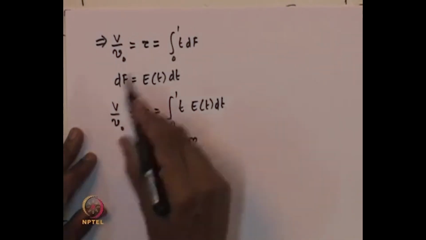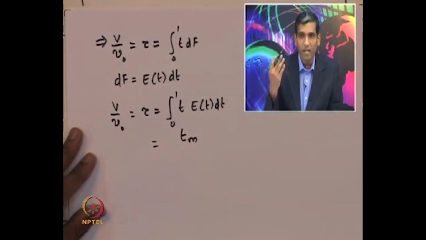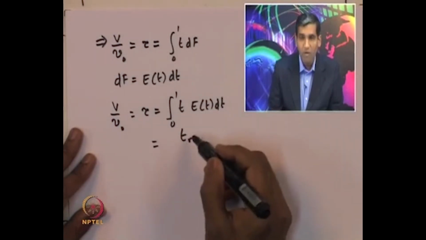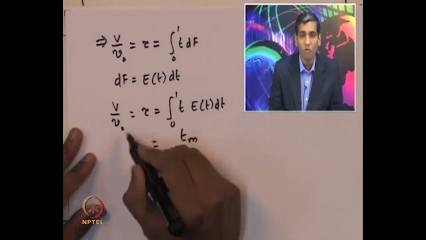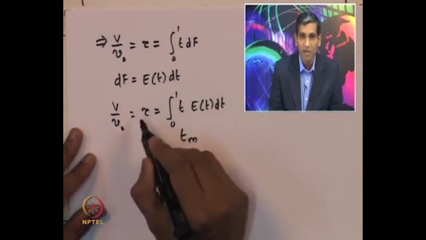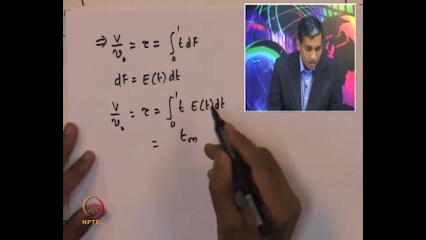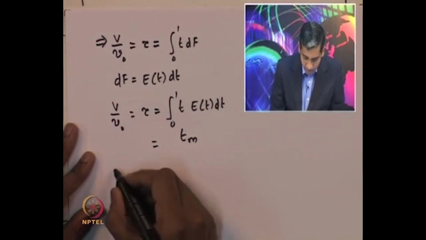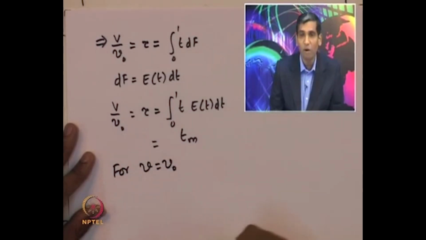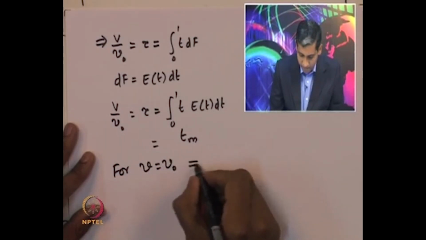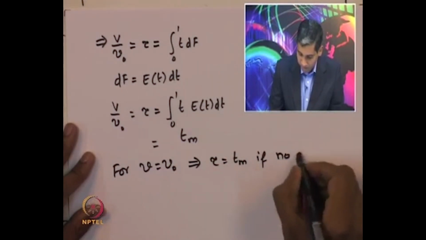So, this shows that for any RTD, if there is no dispersion between the point of injection and the entrance of the reactor, the mean residence time is equal to the space time of the reactor itself, irrespective of what the RTD function E of t is. So, clearly for V equal to V naught, for constant volumetric flow rate, tau equals T m if no dispersion.